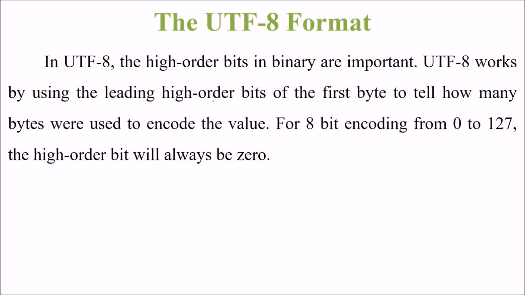In the UTF-8 format, the higher order bits are very important, because UTF-8 works by using the leading higher order bits of the first byte to tell how many bytes were used to encode the value. For example, for 8-bit encoding from 0 to 127, the higher bit will always be 0.